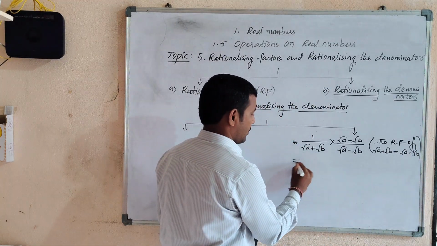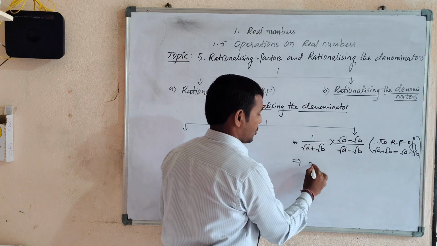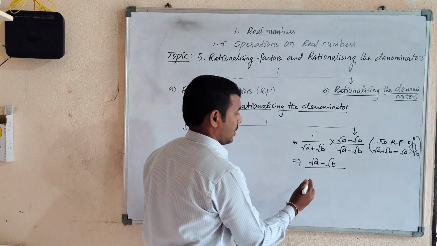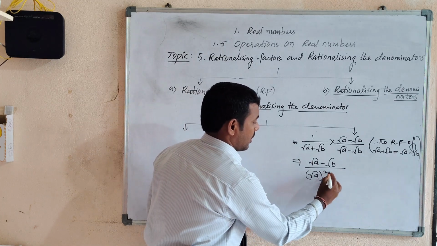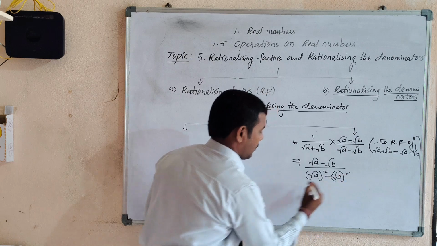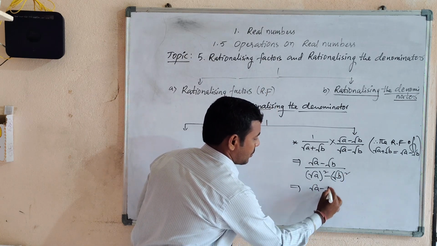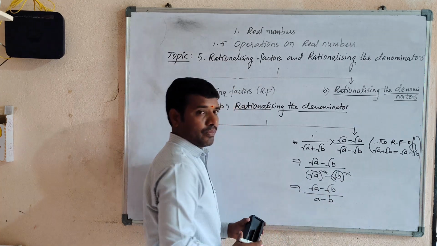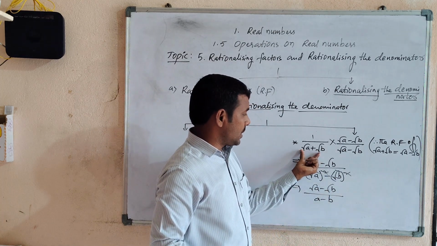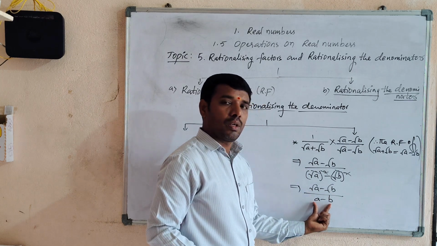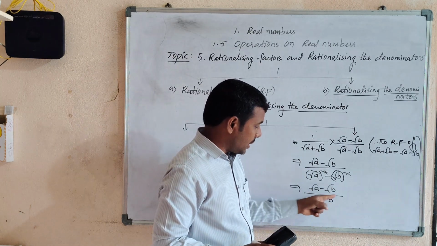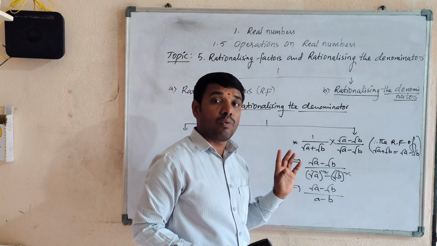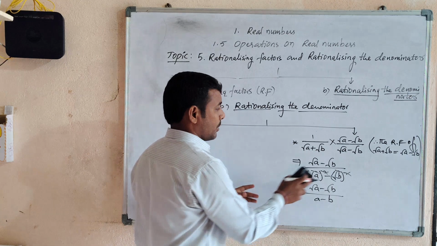Now, 1 into square root of a minus square root of b by square root of a whole square minus square root of b whole square. Further step, square root of a minus square root of b by a minus b, the square roots cancel. Then what happened? The irrational number which was in the denominator is converted to rational. Now there is a chance to represent this figure on the number line, as well as to find its value. Let us see one more example based on this.